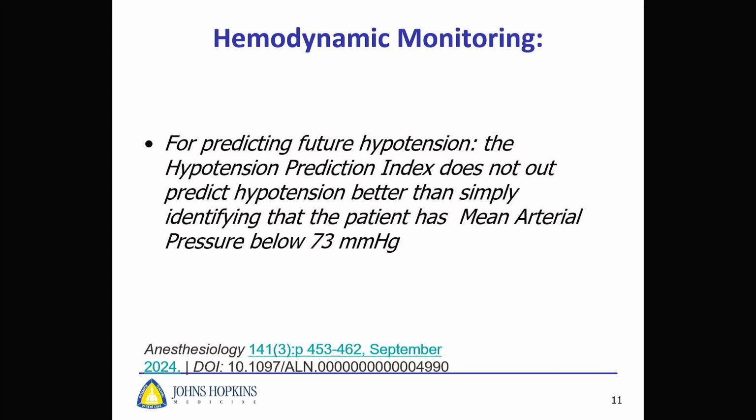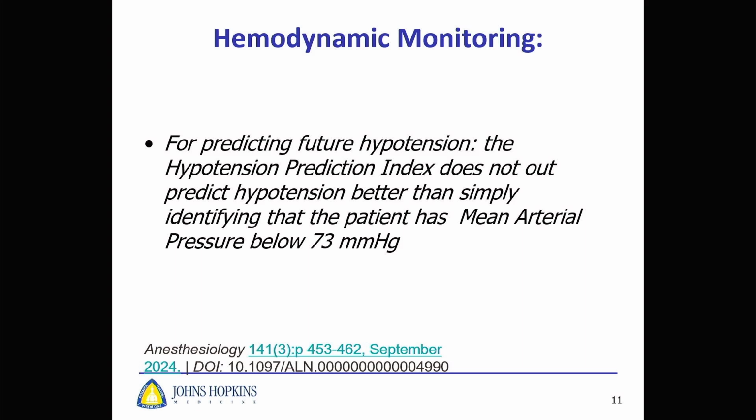It's a very disappointing result, but also a very simple one, right? It comes back to what I mentioned: how do we incorporate these new devices into what we already do? So we're also learning new standards for how these devices need to be compared. And clearly, a prediction index needs to surpass the ability of you just seeing your patient has a blood pressure of 68, if the goal is to predict hypotension.